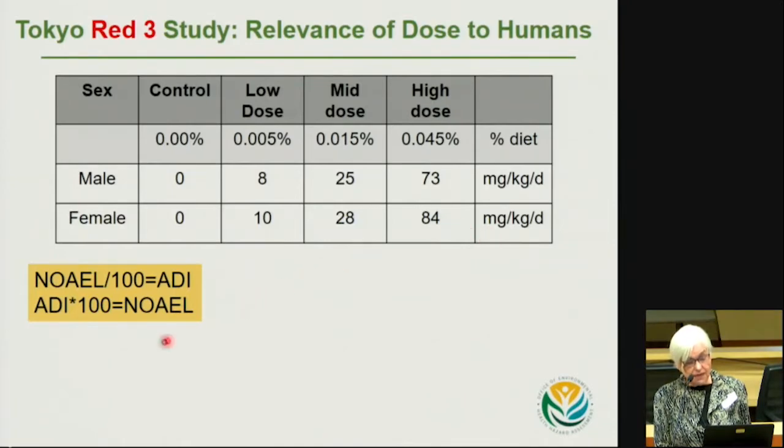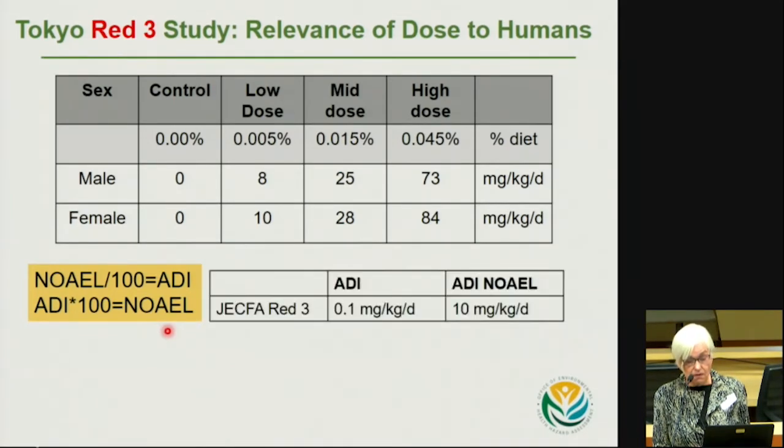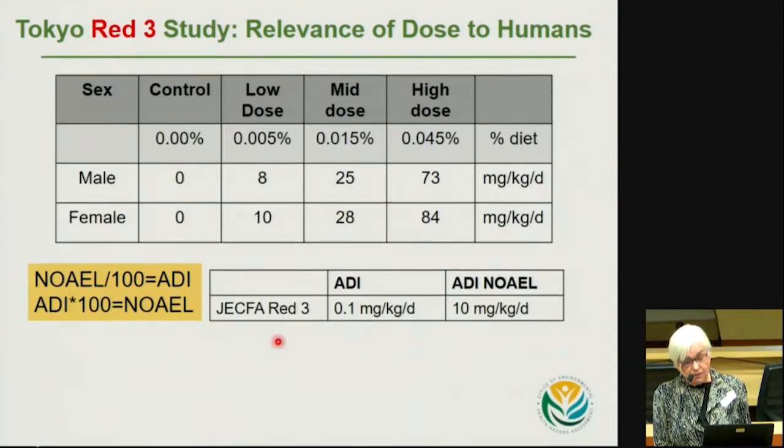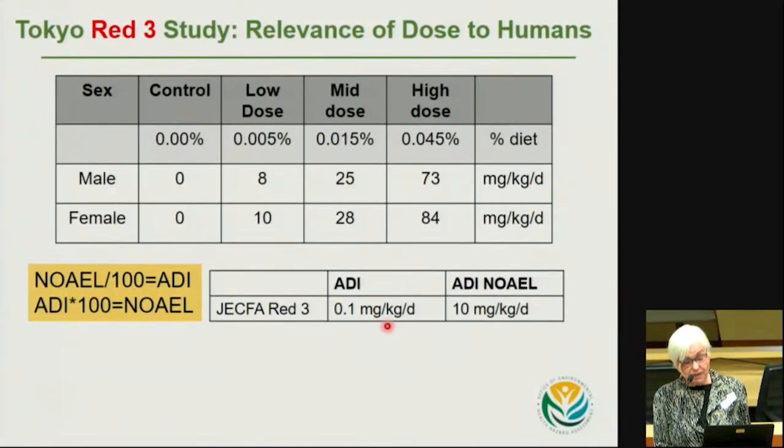Now you recall that the ADI is 1/100th of the NOEL, and conversely the NOEL that is used to produce the ADI is 100 times the ADI. So if you look at the ADI that they used to estimate the amount of dye to put in for the low dose, it was 0.1 milligrams per kilogram. So that would give an ADI NOEL, the NOEL that was used to produce it, of 10 milligrams per kilogram.